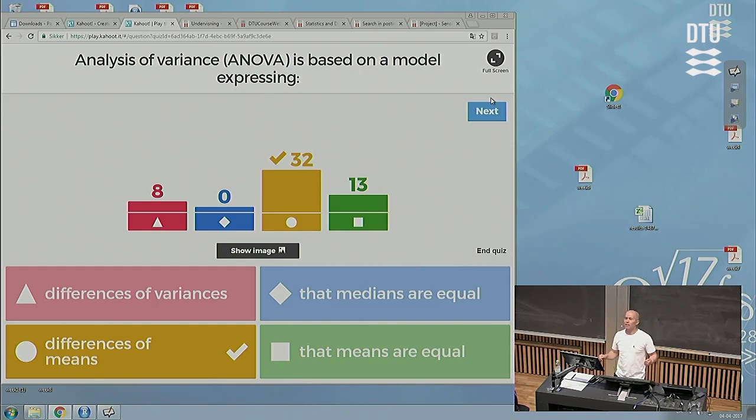Still, we name it analysis of variance, which, if you just listen to those words, it really seems as if the purpose of this analysis would be to focus on the variances. Well, it's actually not. Maybe indirectly so, but specifically so, actually not. Analysis of variance is for investigating means and differences of means.